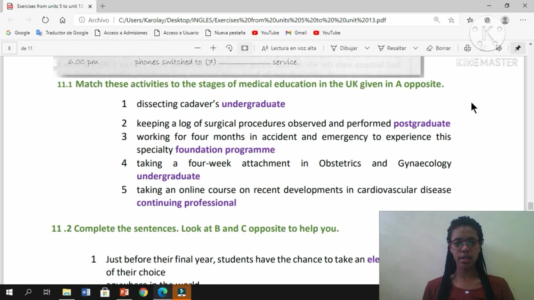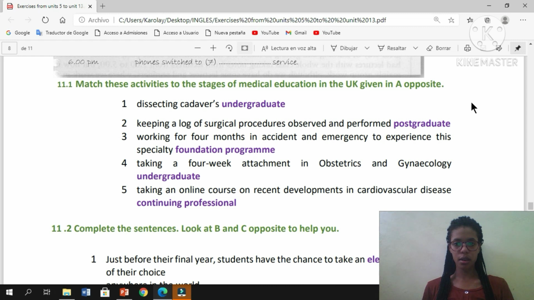Exercise Unit 11. Match the activities to the stages of medical education in the UK in the box opposite. Dissecting cadavers. The answer is undergraduate. Watching a lot of surgical procedures.